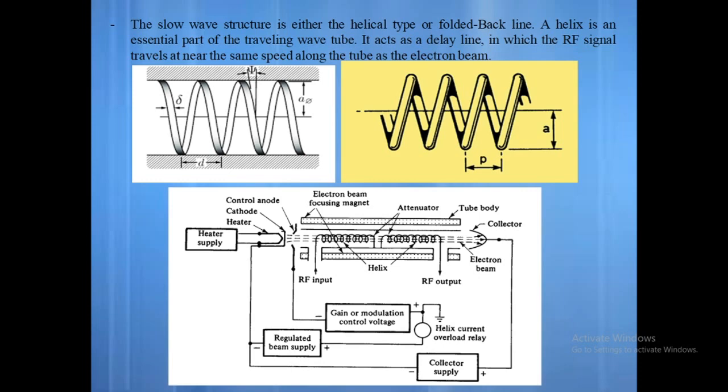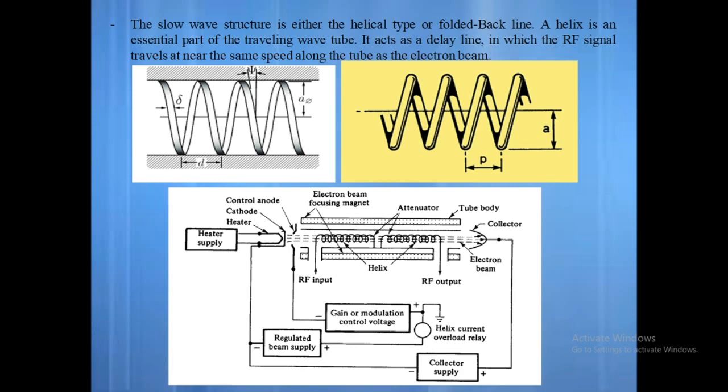Next, what is the helical structure which we are using in traveling wave tubes? The slow wave structure is either helical type or folded backline, which will be shown later. A helix is the essential part of the traveling wave tube. It acts as a delay line, meaning it is used to propagate the signal with a certain delay, in which the RF signal travels at near the same speed along the tube as the electron beam.